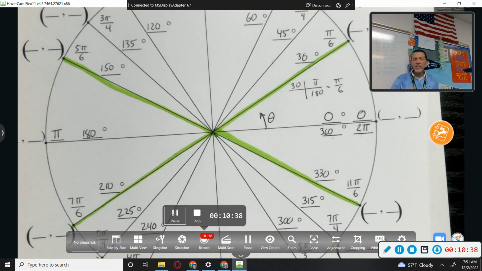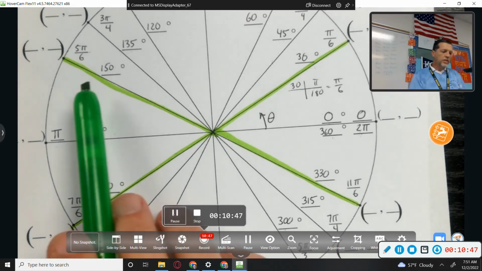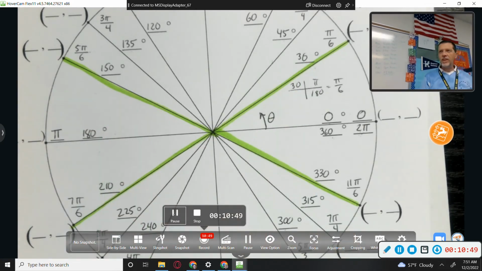And even better, what is it in radians? Pi over 6.